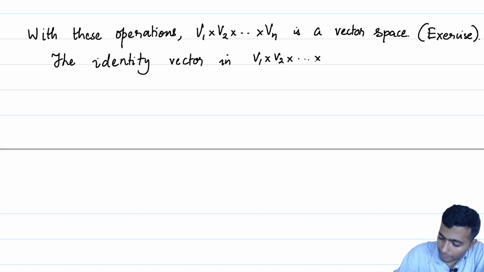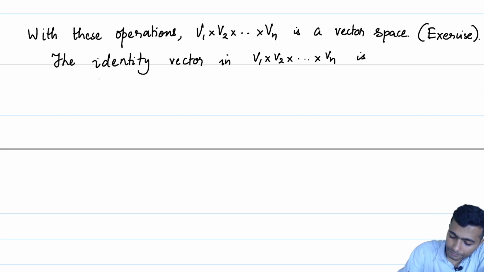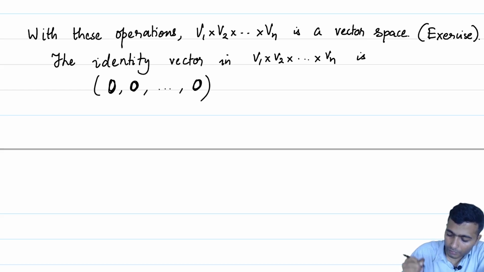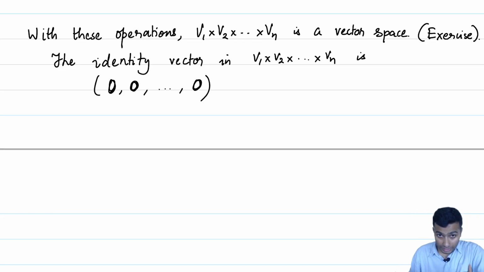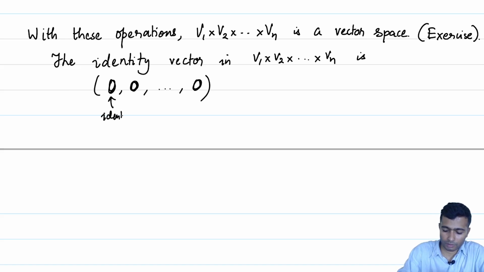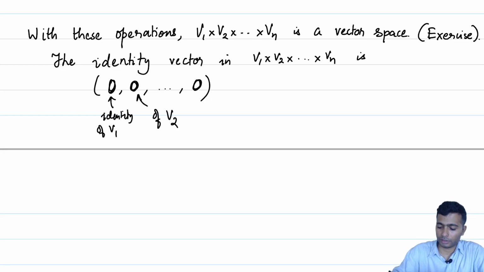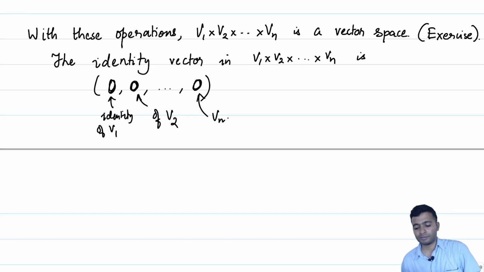There is no other identity, by the way. I would like to stress upon the fact that this first zero is the additive identity of V1, this is of V2, and this is the additive identity of Vn. You should check that certainly this works.